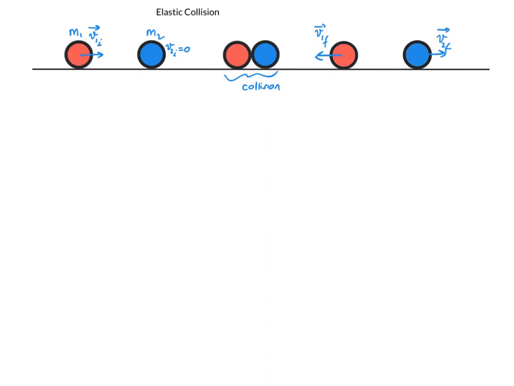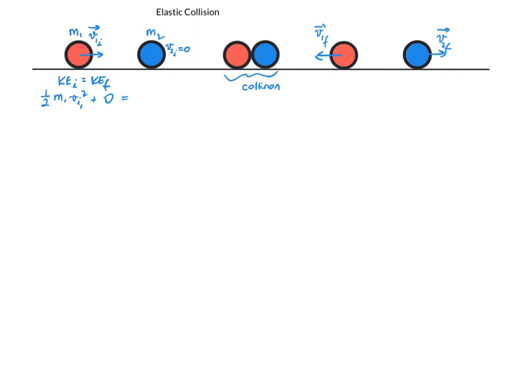So we know that momentum and kinetic energy are conserved. So I'll write here kinetic energy initial equals kinetic energy final. So I'll have 1/2 m1 v1 initial squared plus 0, because I made the velocity of the second ball 0 initially.